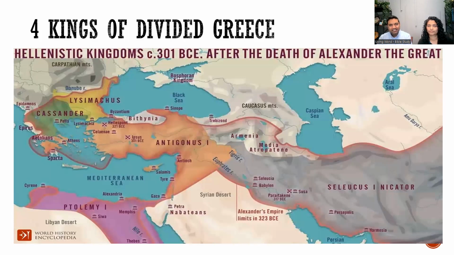After the death of Alexander, his empire was divided in all kinds of directions, right? So his generals were Lysimachus, Cassander, Ptolemy, and Seleucus, right? Four of them divided it into four parts. Antigonus was a commander in his army, but he only had this area for a very short time. After some time, Seleucus took it over.